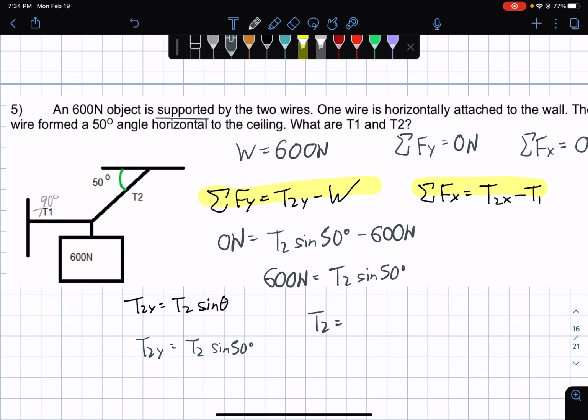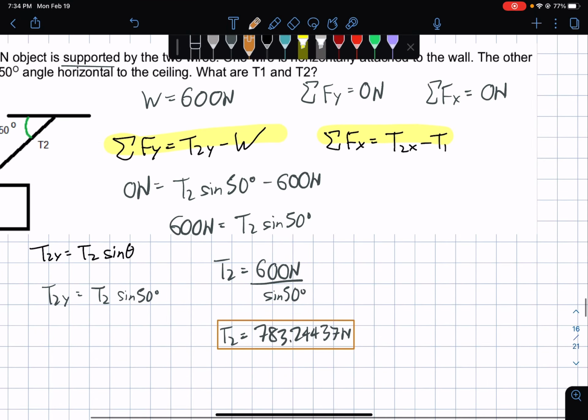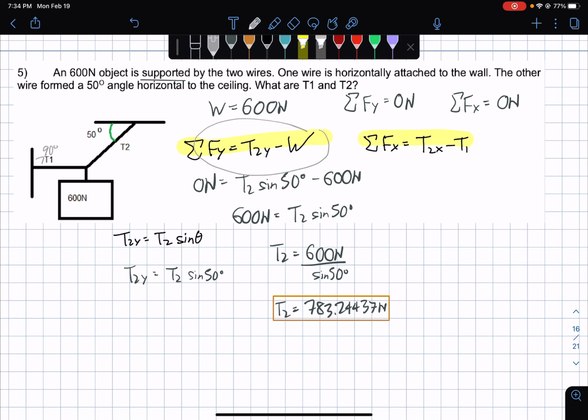T2 is therefore equal to 600 newtons over sine 50 degrees. That is equal to 783.24437 newtons. Okay, we found T2. So far, using this formula, we don't have any issues. Let's go to finding T1. How do we find T1? Maybe we look for T2x first.